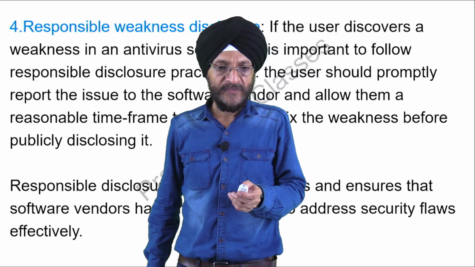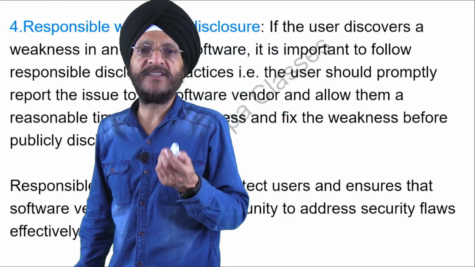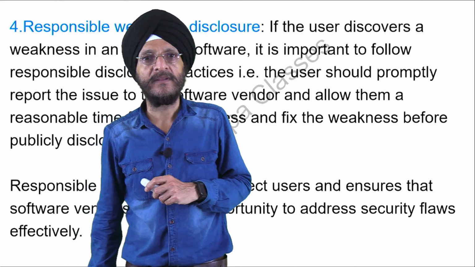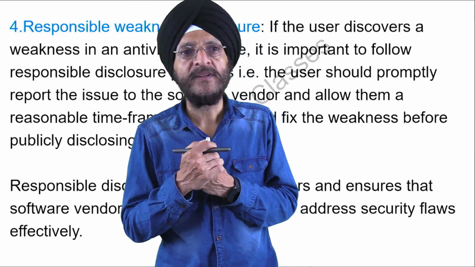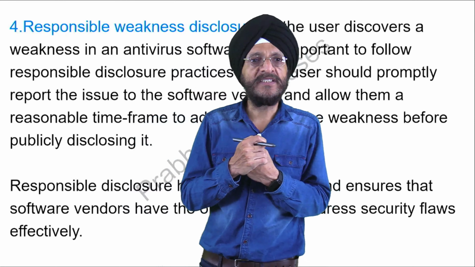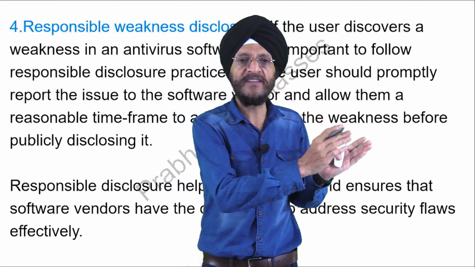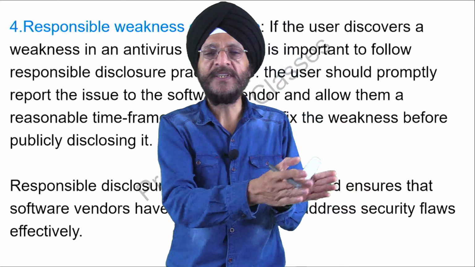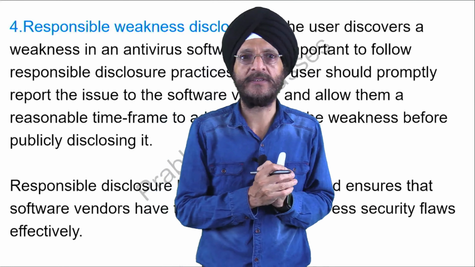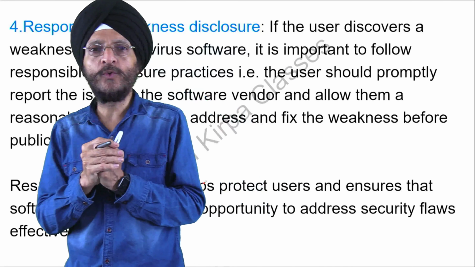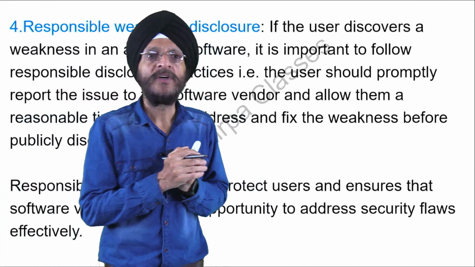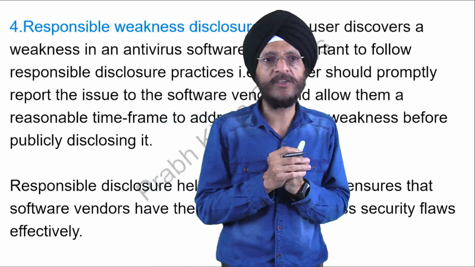Next point is responsible vulnerability disclosure. It may happen that sometimes the user discovers a weakness in the antivirus software which is installed on the computer system. Now it is the responsibility of the user to follow responsible disclosure practice.